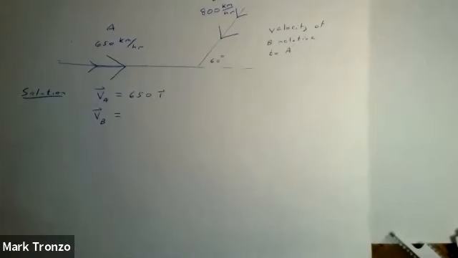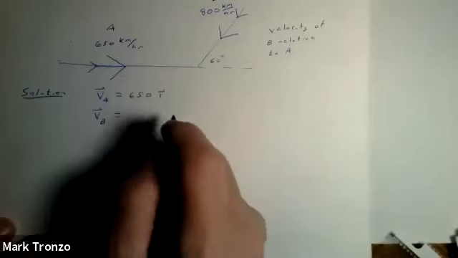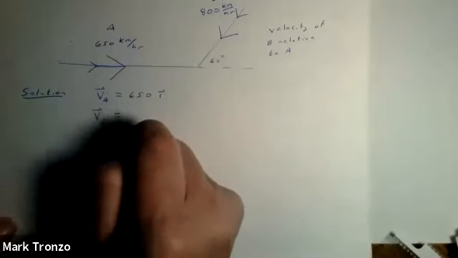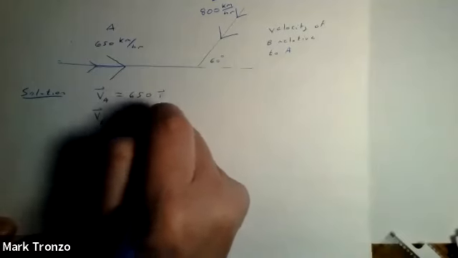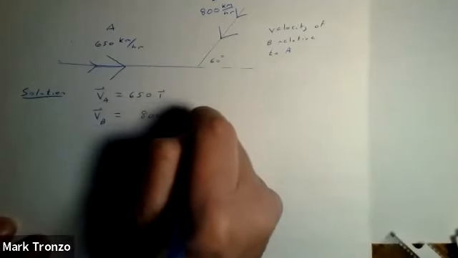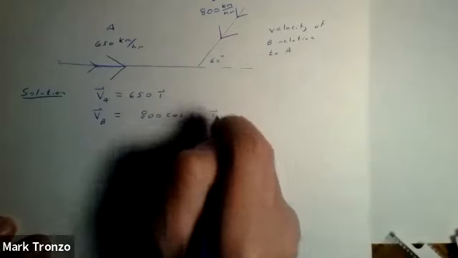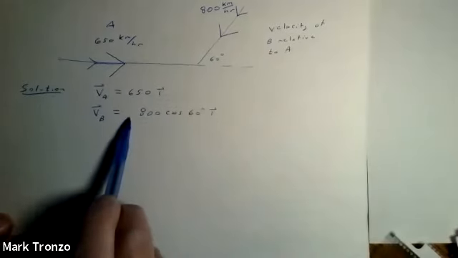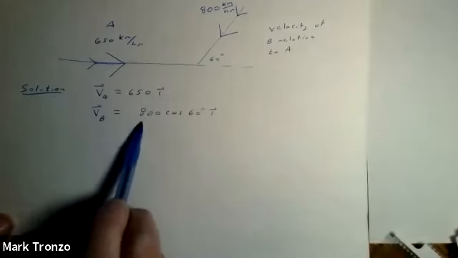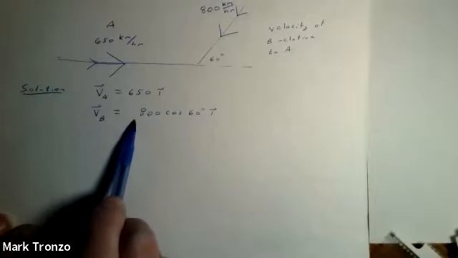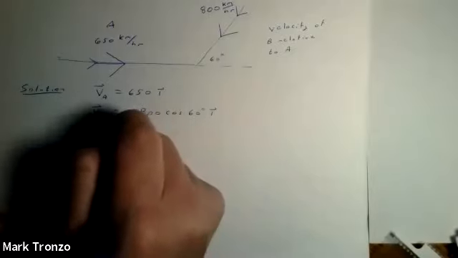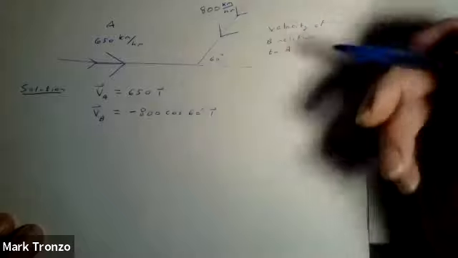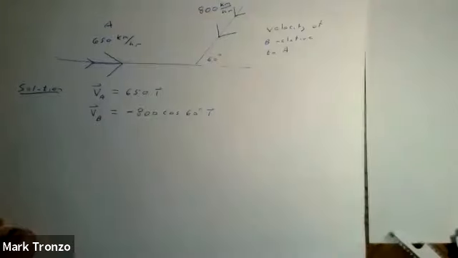That'd be 800 cosine 60 I. How about the sign in front? Would that be plus or minus? Minus. Good, because you can see it's going in the negative x direction.